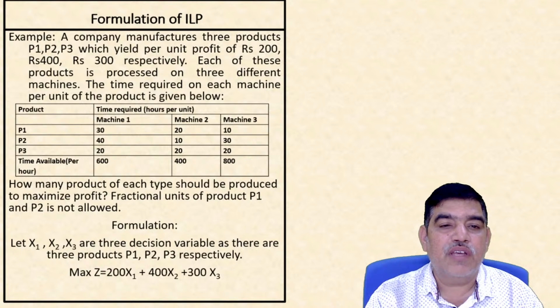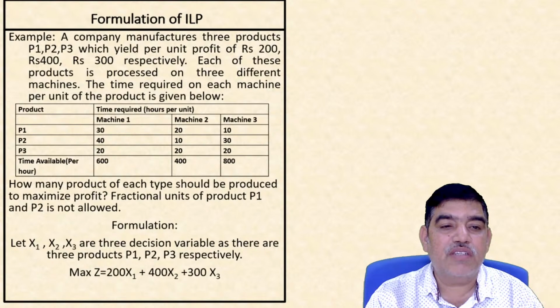Again I repeat: a company manufactures 3 products, P1, P2, P3, and for P1 the per unit profit is rupees 200. For P2, the per unit profit is 400. For P3, the per unit profit is rupees 300 respectively.